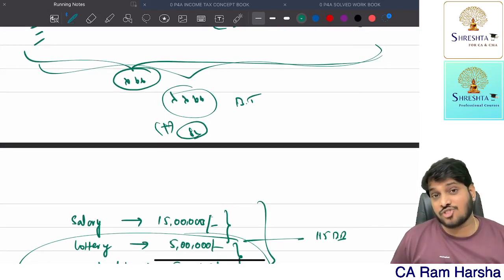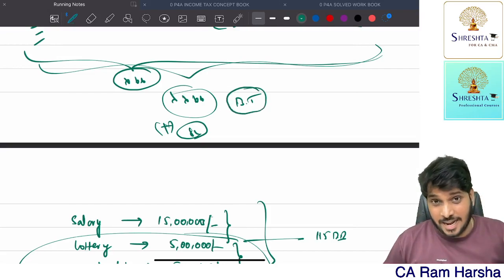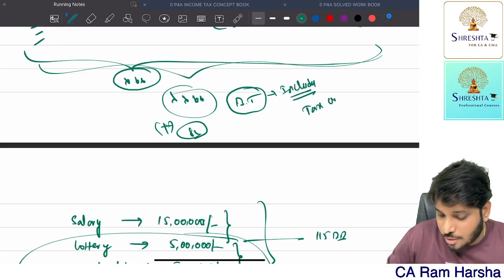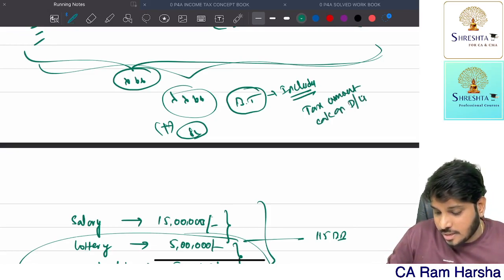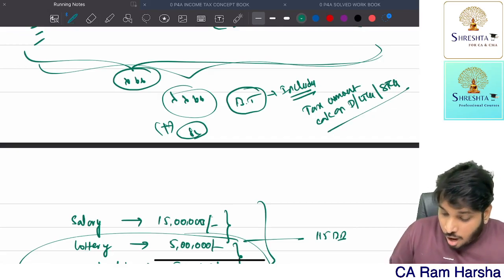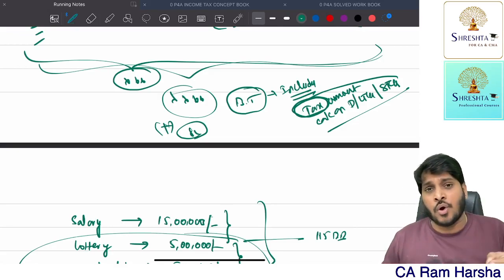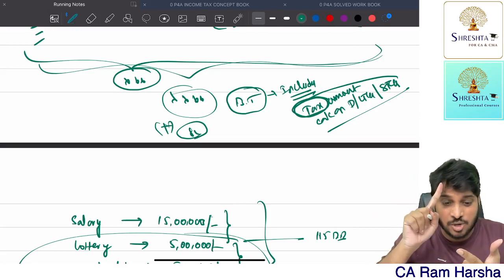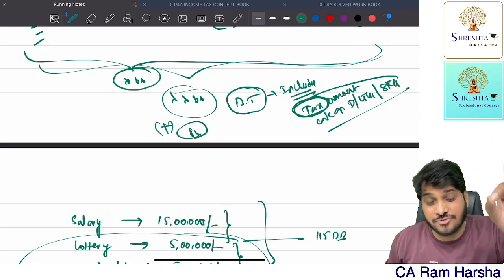While applying this surcharge, there is one observation. If basic tax includes tax amount calculated on dividend, on long-term capital gain, on short-term capital gain, then on the basic tax attributable to dividend and capital gains, surcharge cannot exceed 15%.